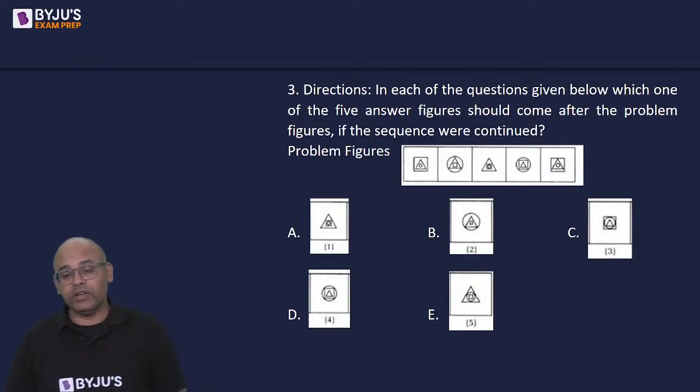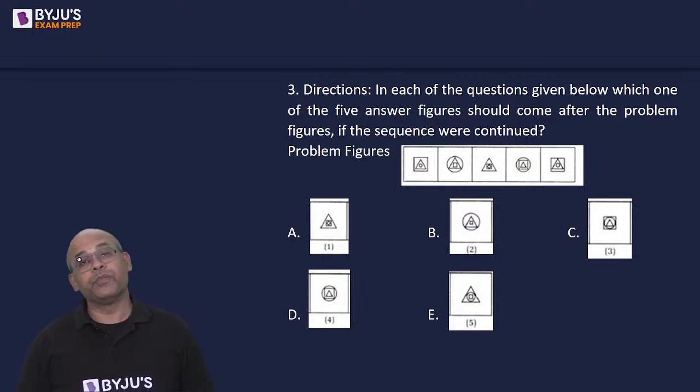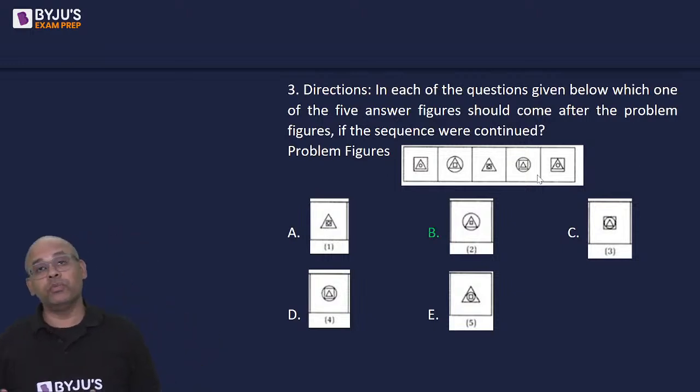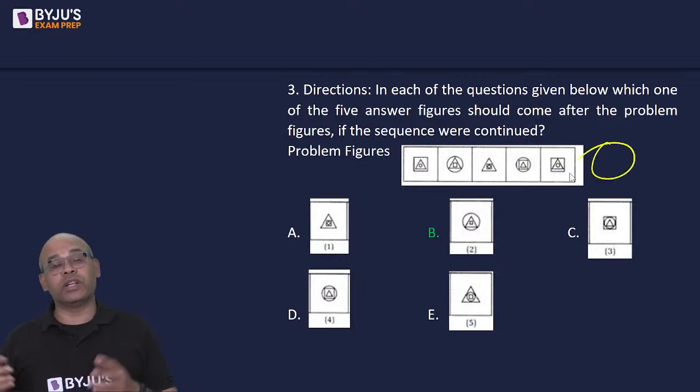Here's the third question. It is a pattern recognition question. Which of these five options should come if the figure continues here? If the figure continues, what should be the sixth option? Which of these five will become the sixth option? That's the question.